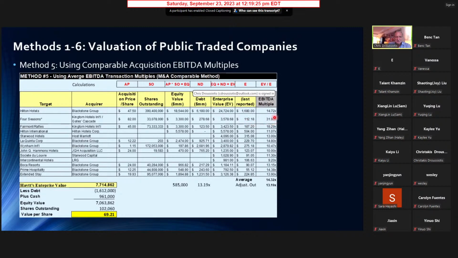So the multiple was 32 times. I looked at 5 years of actual transactions, and the average is around 13.19 times. I apply 13 as my multiple to Hyatt, and it puts the stock at $69. So 69, of course, is below the trading 76. If I want to use just this method, I would recommend not a buy.